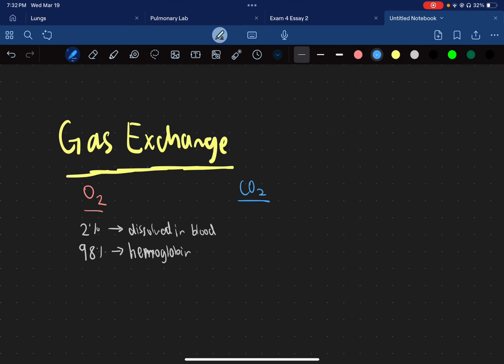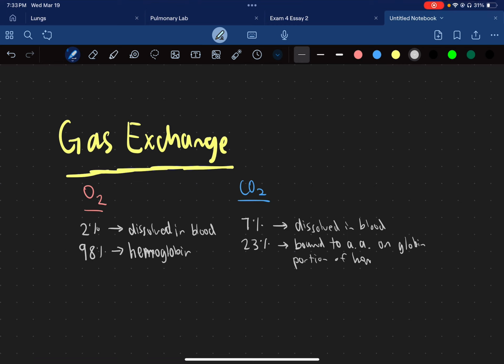Meanwhile, CO2 has a couple different ways of being transported. 7% of CO2 is just dissolved in the blood. 23% is bound to the amino acid on the globin portion of hemoglobin, so a different spot than where the oxygen is bound.